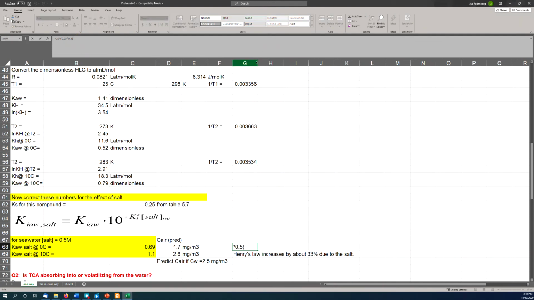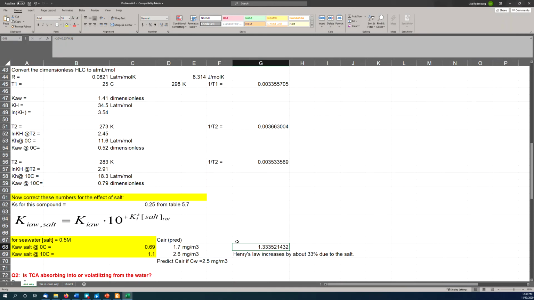I'm going to make this wider so you can see it. 10 to the 0.25 times 0.5 here is 1.33333, so it's increasing the Henry's law constant by about 33% due to the salinity in the ocean water.